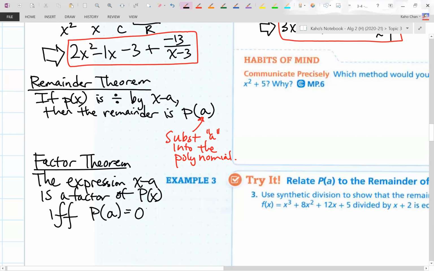Okay, it is a factor if and only if the remainder is 0. That's all it is. I've already mentioned that a few moments ago, right? Remainder is 0. Oh yeah, forgot to mention that. That means if and only if.